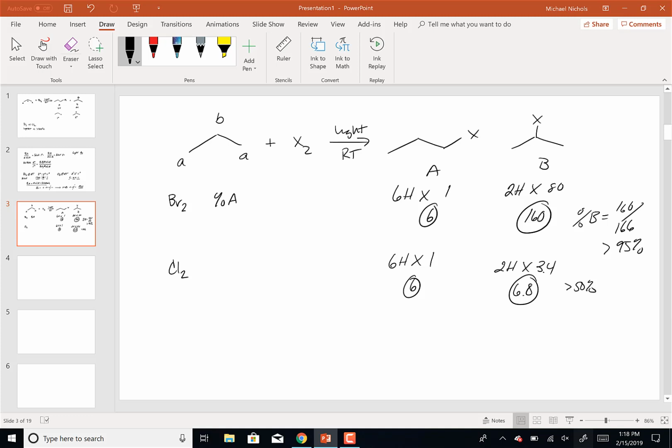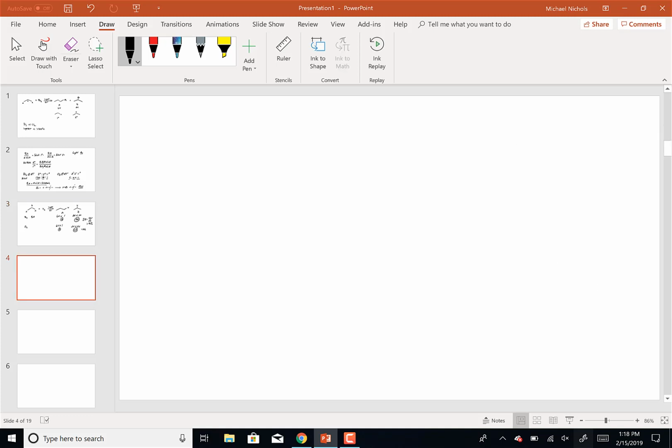So, why is bromination different than chlorination? If we go back to that rate determining step of taking your halogen atom, it abstracts the hydrogen from the carbon, it forms the HX bond, and then your carbon radical.